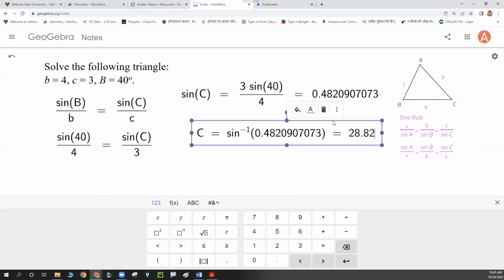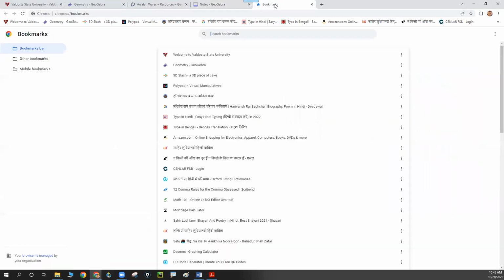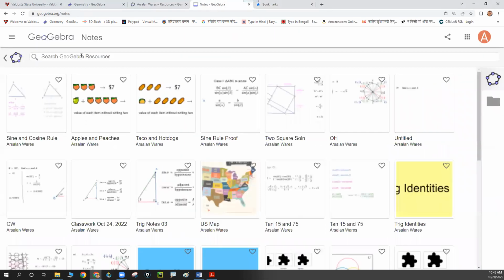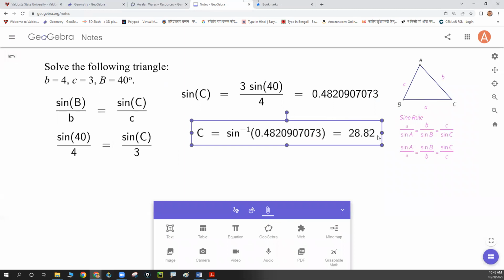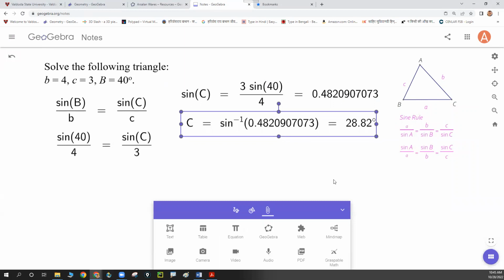I'm sorry, I hit the wrong key. Anyway, this is degrees. All right, I have it.